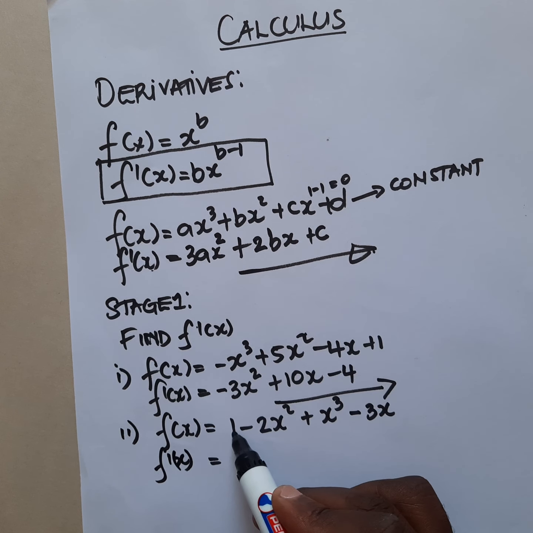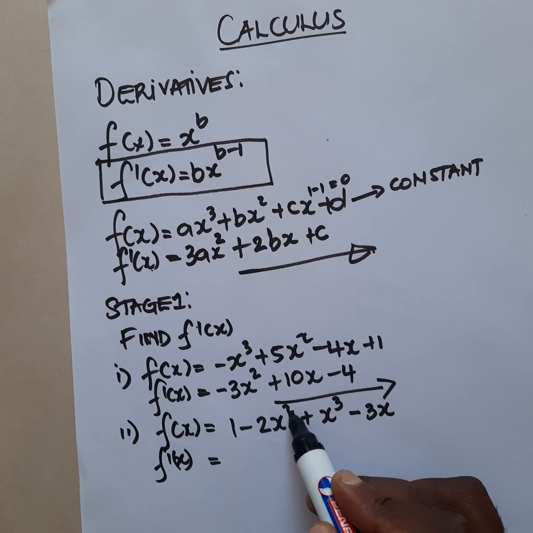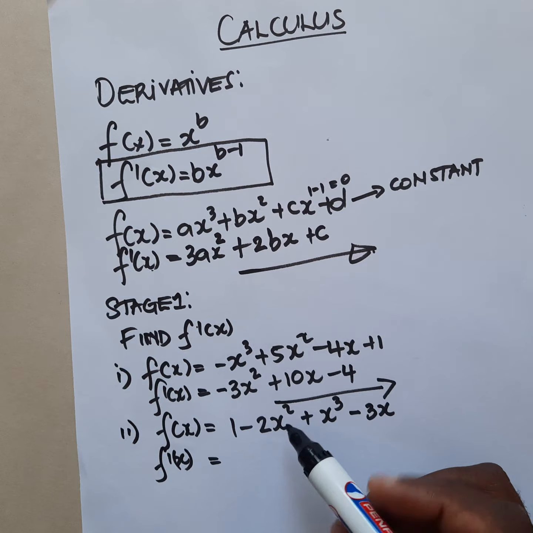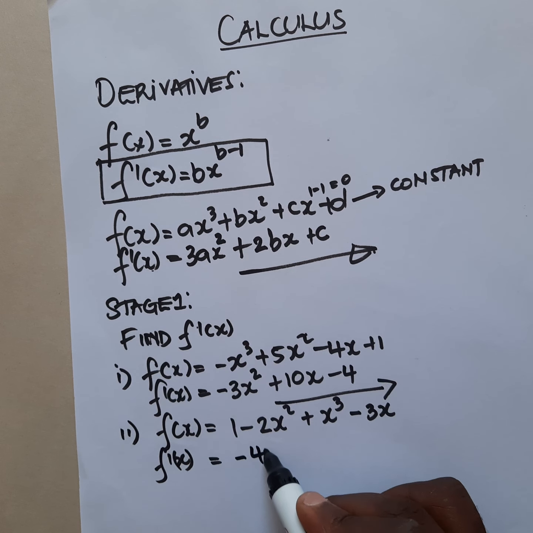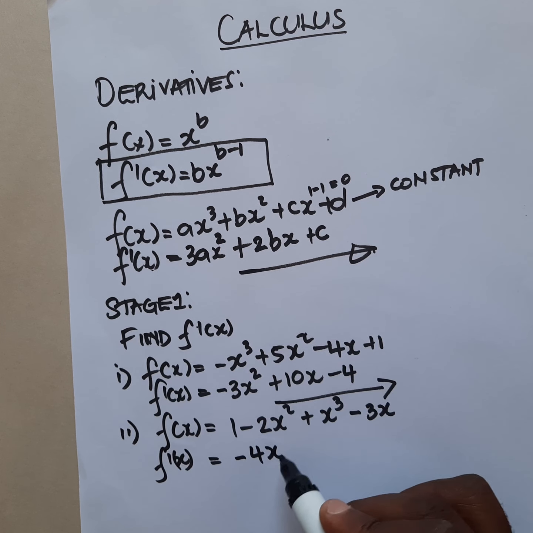Okay, 1 is the constant. The derivative of a constant is 0. Here we have negative 2x squared. So we have to follow the rule of differentiation. 2 times negative 2, it's negative 4. And then you subtract 1 from that 2. So we have negative 4x.